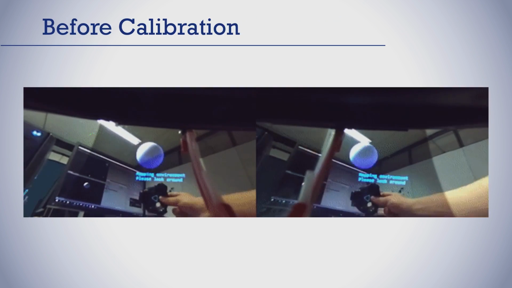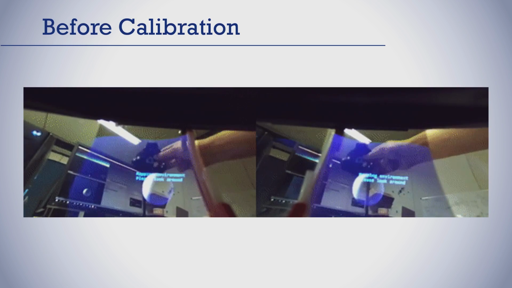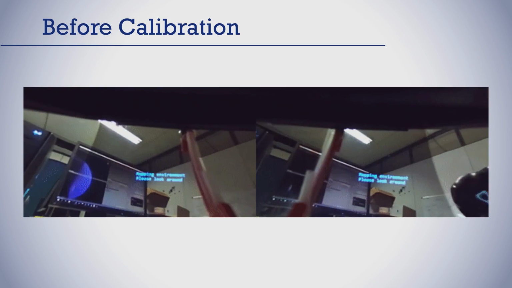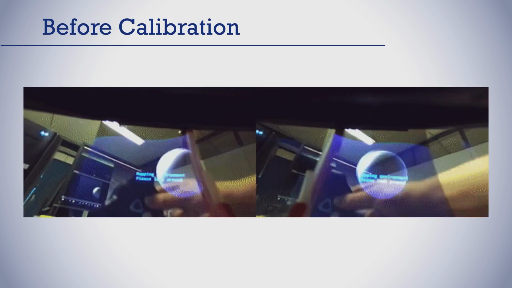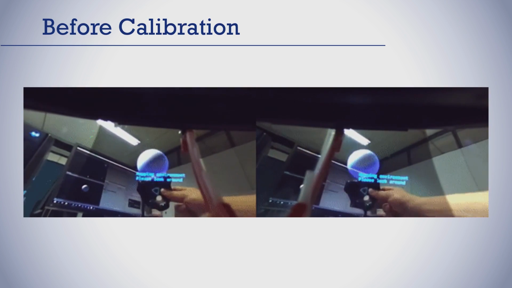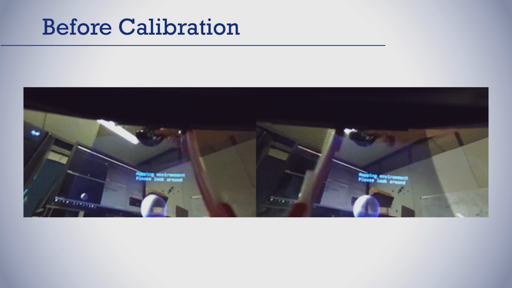And this is basically what happens when you have an uncalibrated setup. In this scene, inside the graphic engine, there was a sphere which was exactly aligned with the reference frame of this tracker. So if everything works properly, you should see a sphere moving rigidly with this tracker.